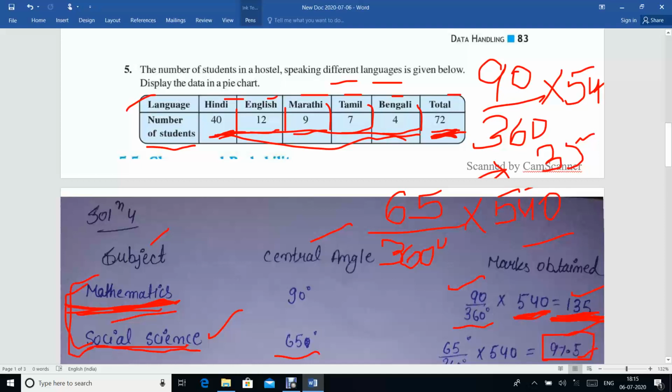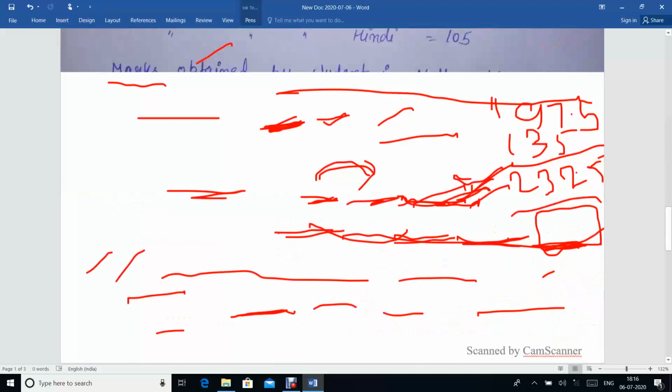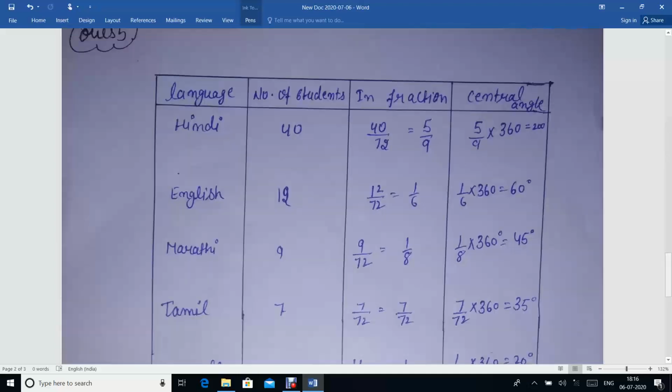In the previous video I have already explained how you can make a pie chart. So firstly, to make a pie chart, you have to find the central angle.